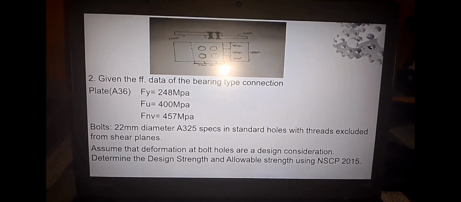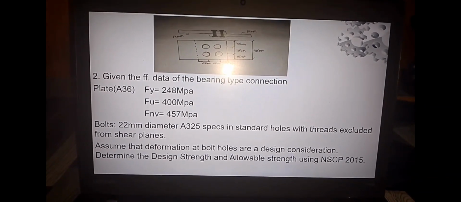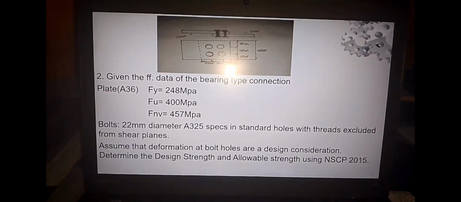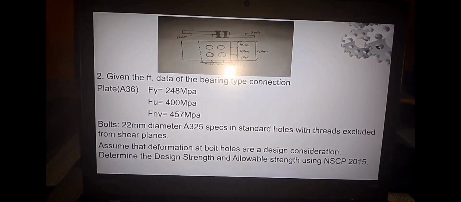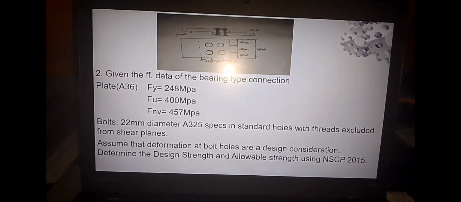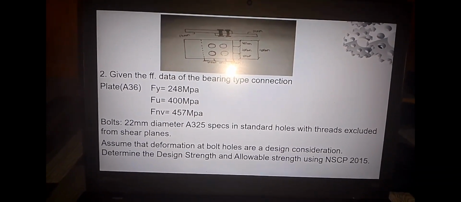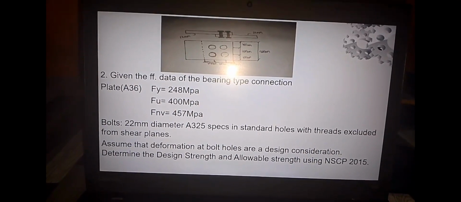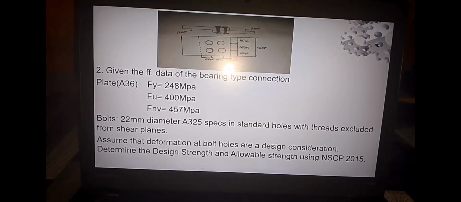Given the following data of the bearing type connection: plate A36, so Fy is equal to 248 MPa, Fu is equal to 400 MPa, Fnb is equal to 457 MPa. The bolts are 22 mm diameter, A325 in standard holes with threads excluded from shear planes. Assume that the deformation at bolt holes is a design consideration.